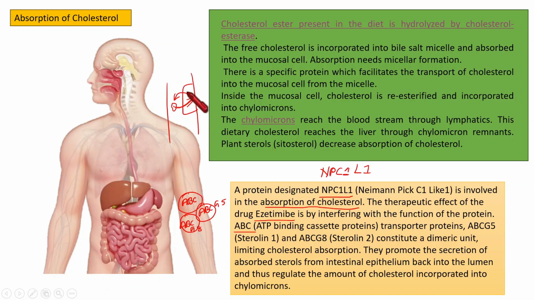So in that way, the absorption level or the amount of cholesterol that is absorbed into the body can be regulated. Clear? So immediately after it is absorbed into the mucosal cell, at that moment itself, because of the action of this protein complex, a portion is secreted again back into the lumen and will be eliminated from our body. So in that way also our body can regulate the absorption level of cholesterol.